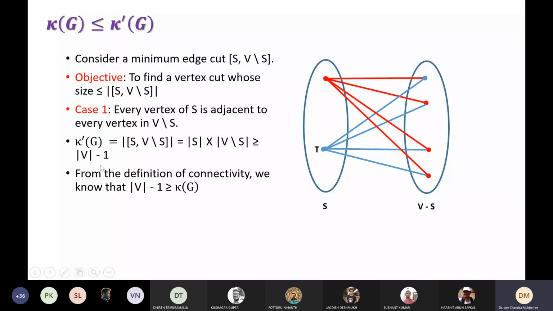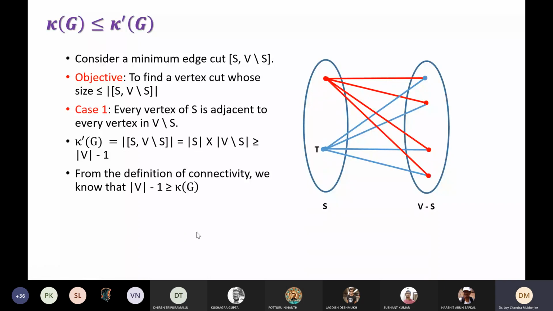So we have proven that chi prime G is greater than or equal to V minus 1, and V minus 1 is again greater than or equal to chi G. So chi prime G is greater than or equal to chi G. This is the easier case to prove.